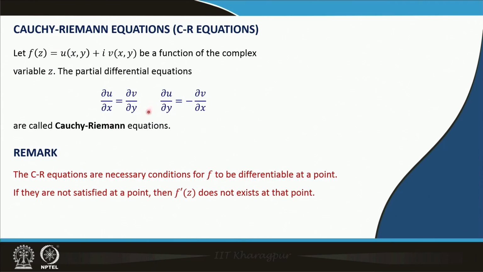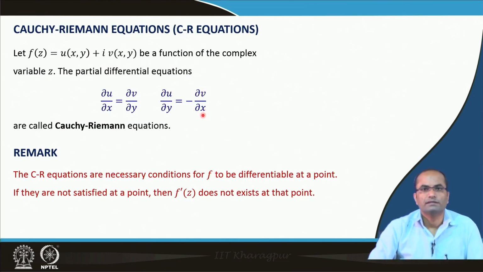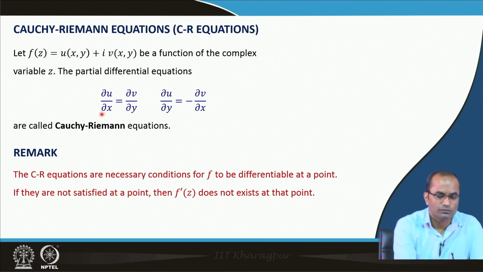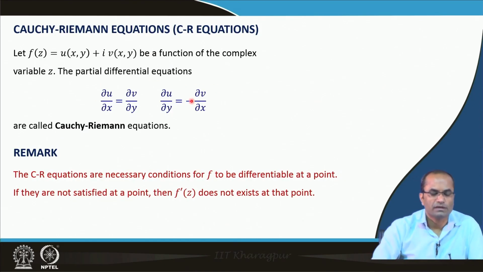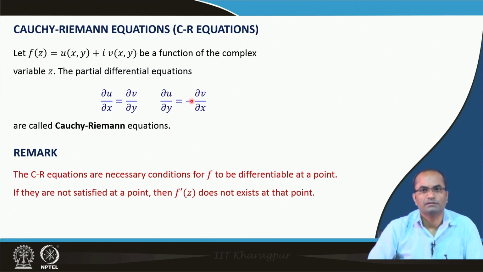We have also learned that these equations become sufficient conditions if the partial derivatives u_x, v_y, u_y and v_x are continuous in addition to these relations being satisfied. So, if the partial derivatives appearing in the CR equations are continuous, then these conditions become sufficient for differentiability or analyticity.